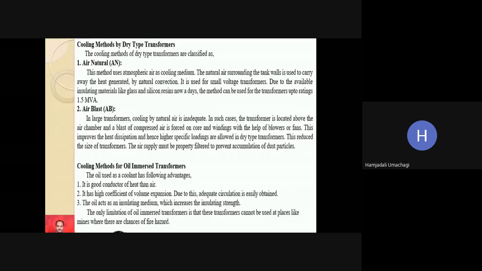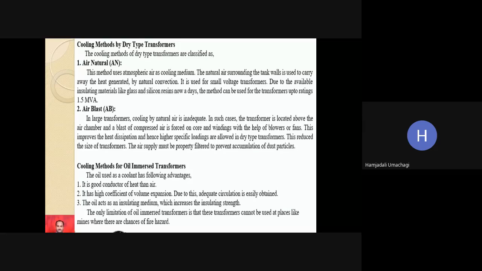The technology is now advanced, so I can make use of insulating materials like glass and silicon resins with the air natural method, and this method can be extended to transformers up to the rating of 1.5 megavolt ampere, that is 1.5 MVA.